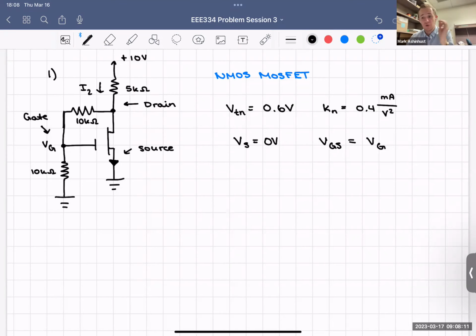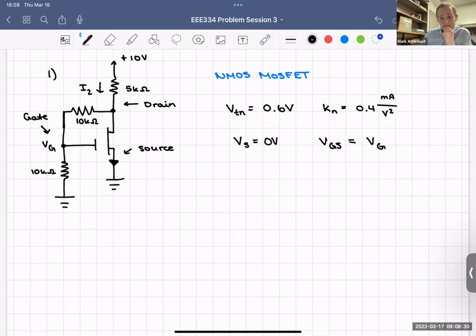So one thing to help us know what mode of operation we're in is, well, we know we've got saturation, and then we also have triode and cutoff. Those are going to be the main three. That's what we have on your formula sheet. We're using NMOS, so you can see where we're at.